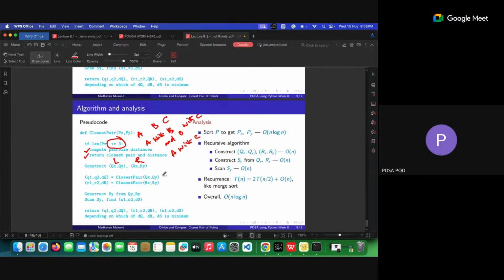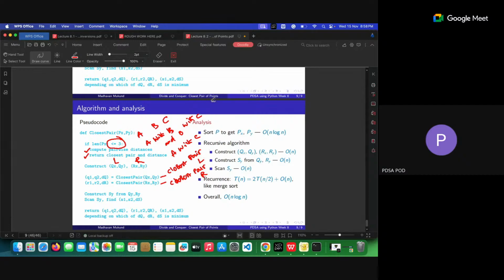After that, we find the closest pair in L, the left, and similarly the closest pair in R.